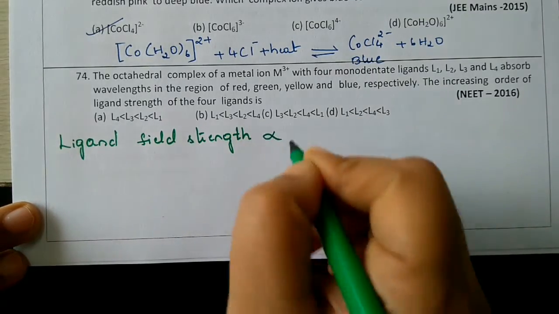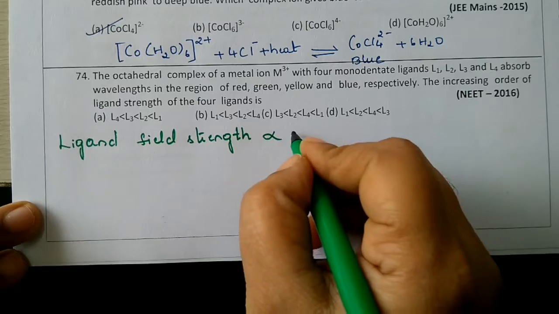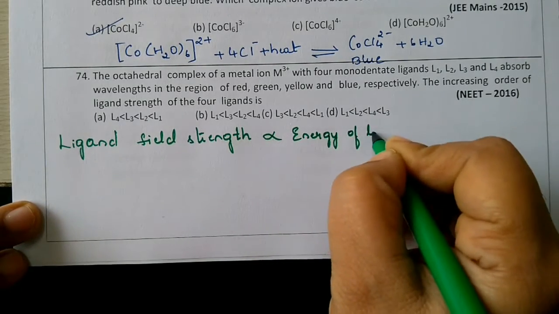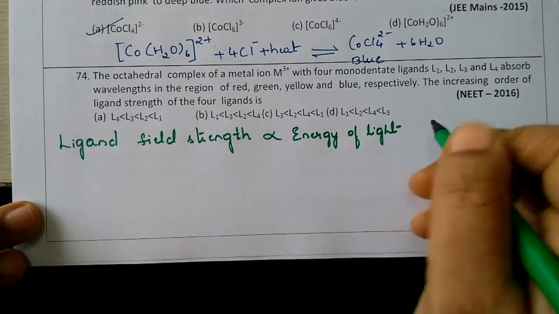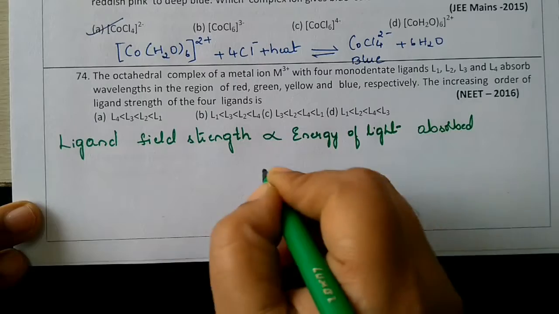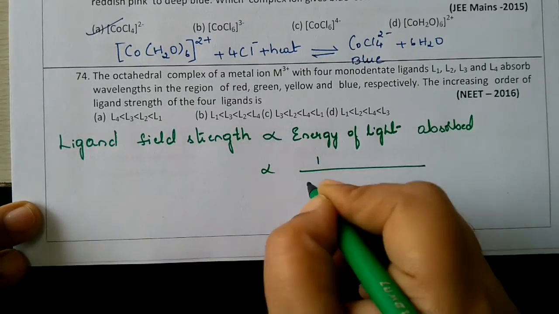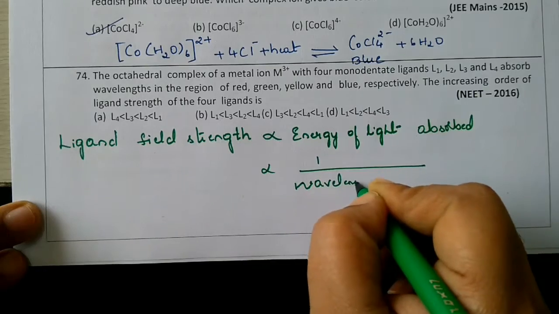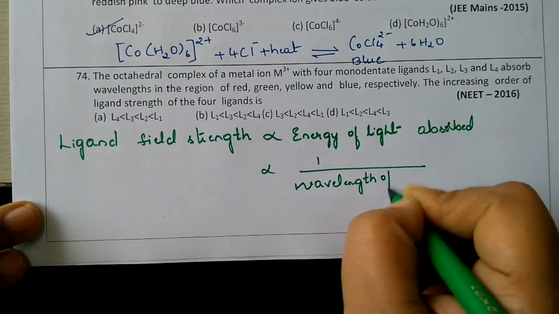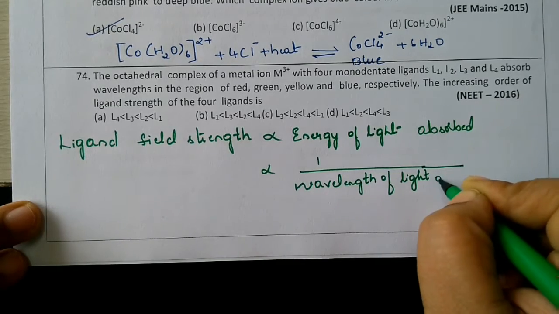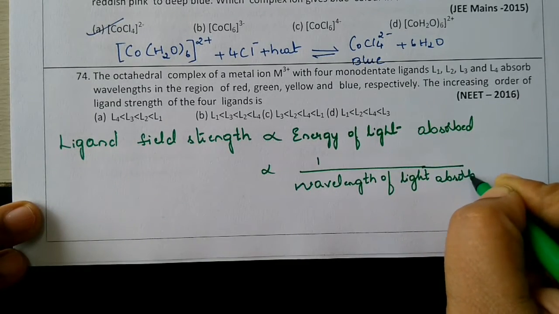Ligand field strength is directly proportional to the energy of light absorbed, and inversely proportional to the wavelength of light absorbed. That is, energy and wavelength are inversely related.